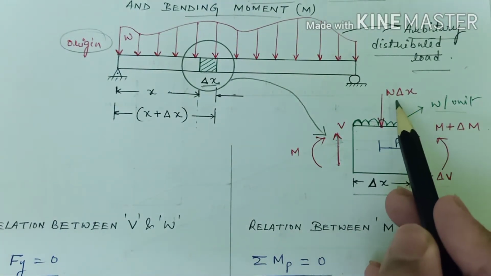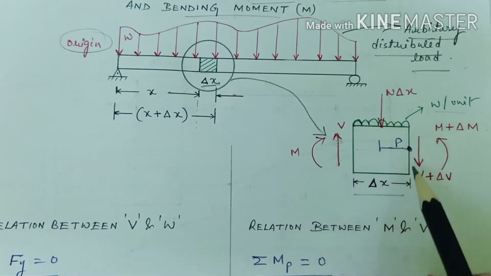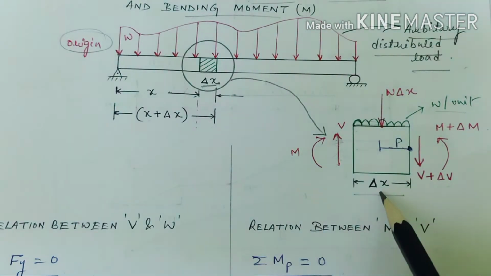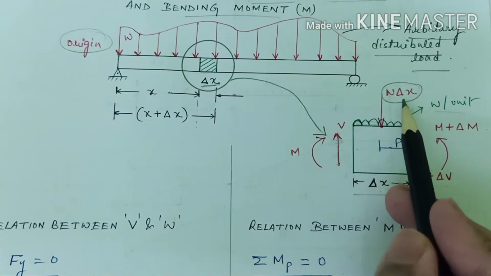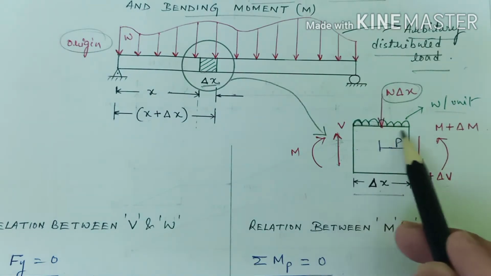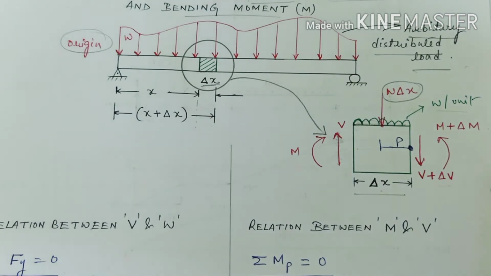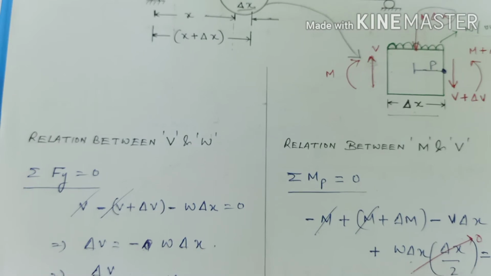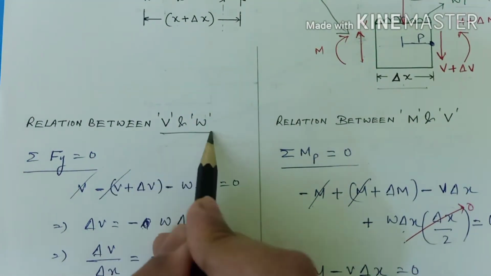It will be W multiplied with this whole span. This whole span is nothing but delta x. So the total load is W delta x, which will act at the center of this element. Fine.